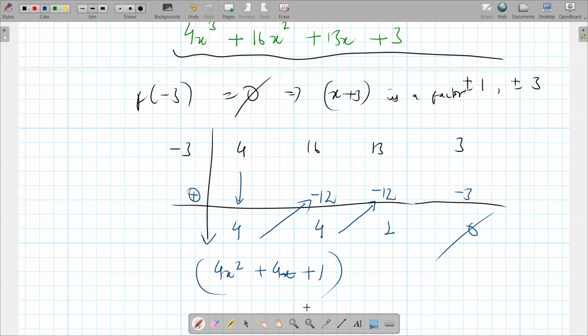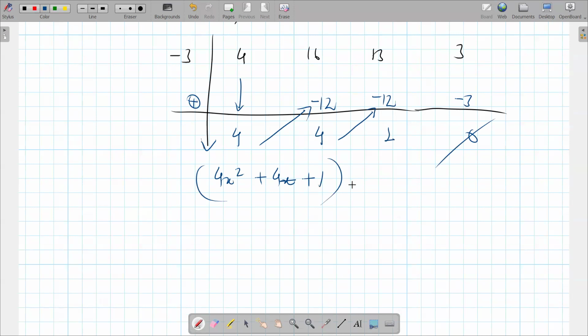Is that factorable? It's a quadratic now. Is that quadratic factorable?